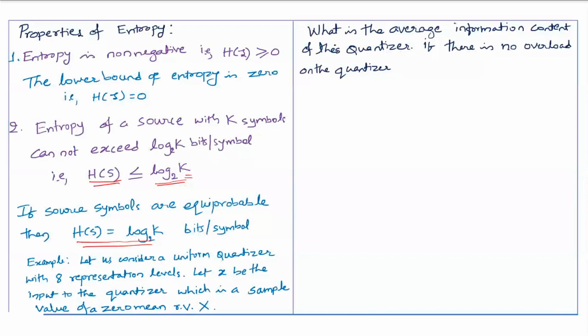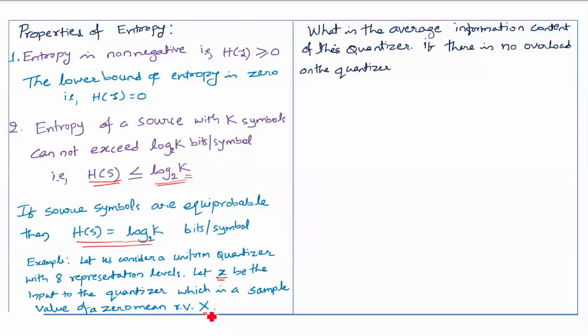If there are 8 levels, all levels are equiprobable. The reason for assuming this is that x is a sample value of a zero mean random variable.